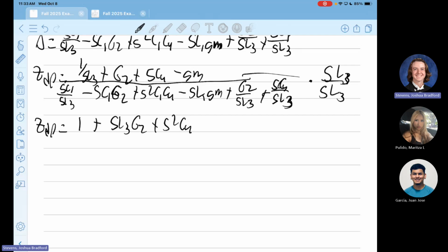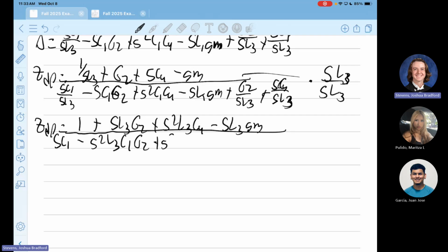So then the numerator becomes SL3G2 plus S squared L3C4 minus SL3GM plus 1. Then the denominator gives me SC1 minus S squared L3C1G2 plus S cubed L3C1C4 minus S squared L3C1GM, plus G2 plus SC4.